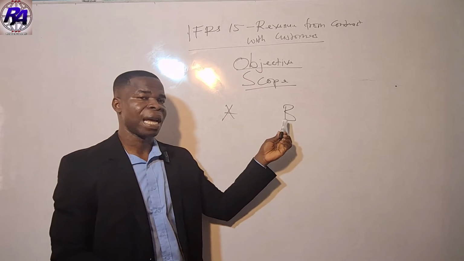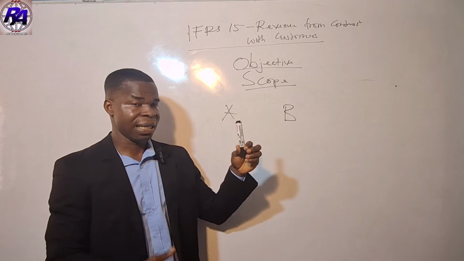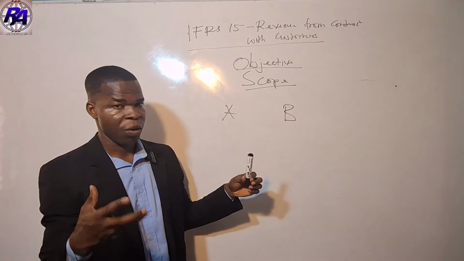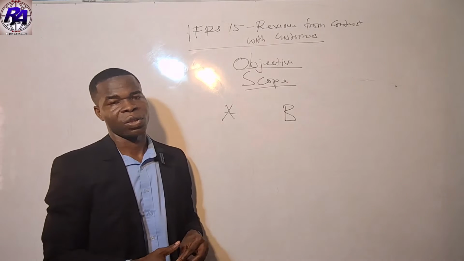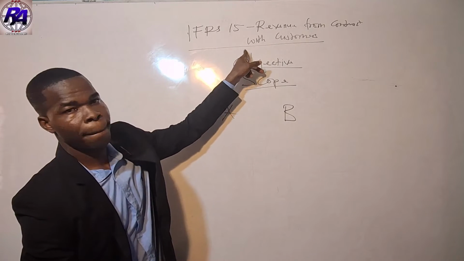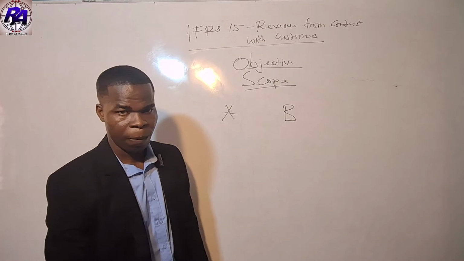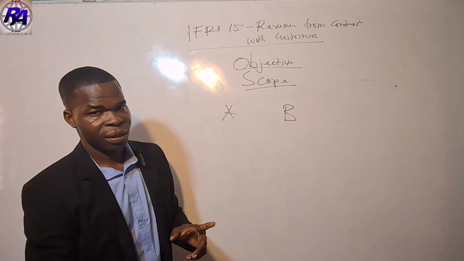If B is lacking the product and A is able to give B the product, this is a non-monetary exchange so that B can satisfy its customers. That is not part of IFRS 15. So basically, this is the scope.